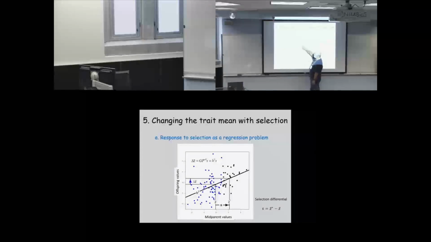And lo and behold, that gives us this expression for how much we expect to change the mean in a single generation by selection. This is what we're referring to as the univariate breeder's equation.